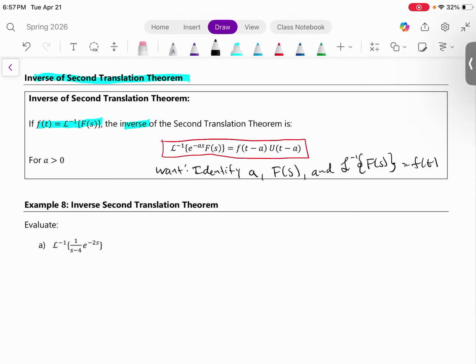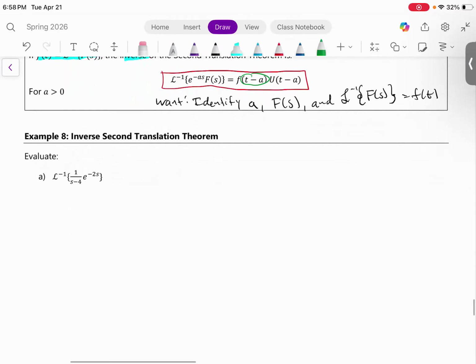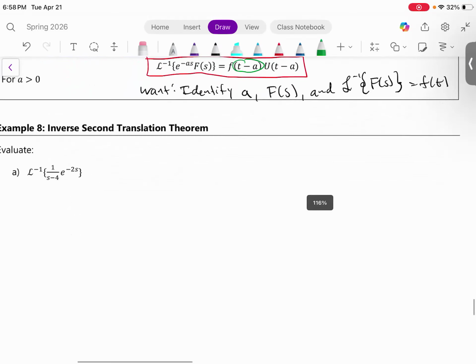That would be the f of t that we're looking at. So these are three things that I want to know. And then at the end of the problem, we're going to need to plug in t minus a wherever there's a t, because we're shifting a units on that t-axis. Once again, the symbols and notation are a bit weird at first, so let's try out a couple examples.